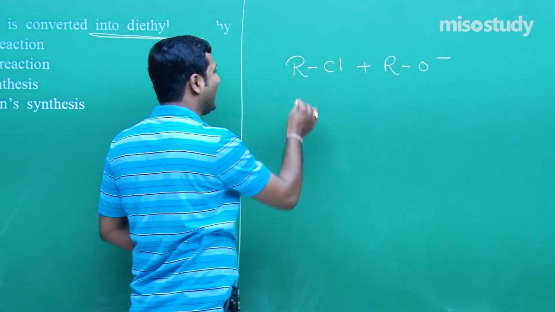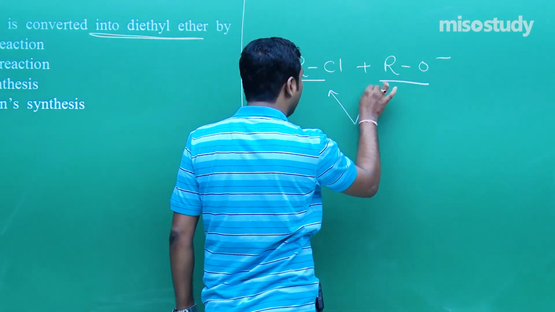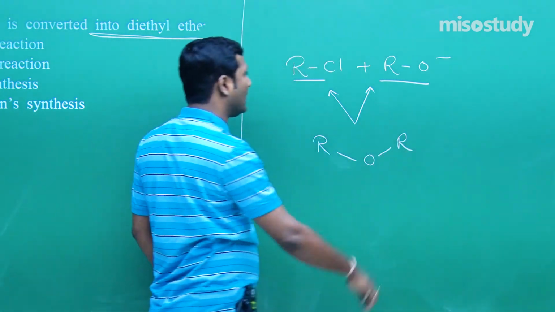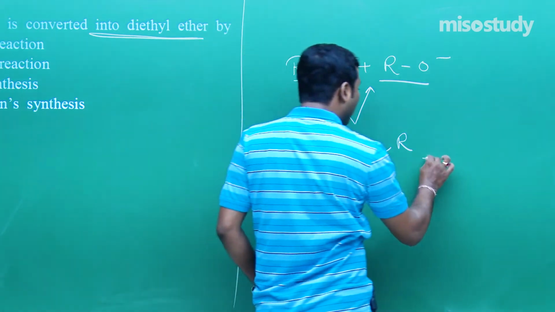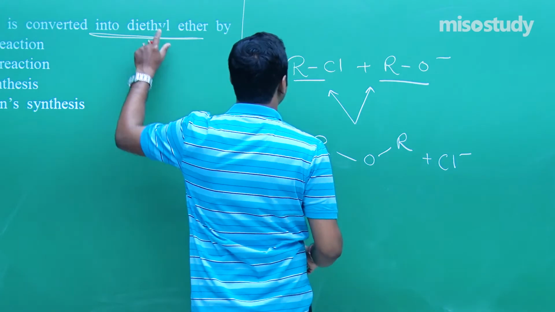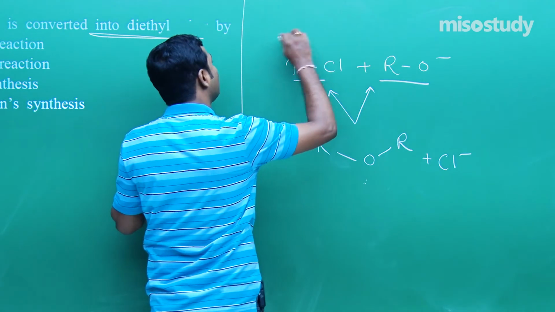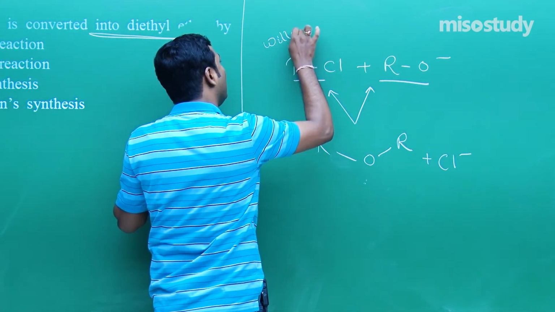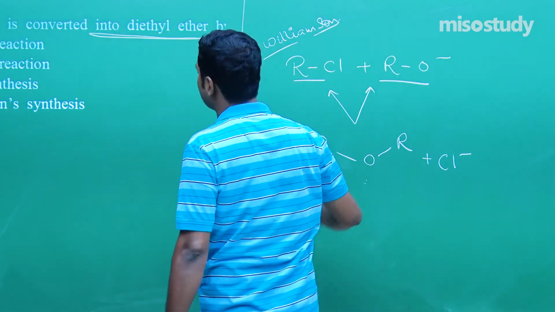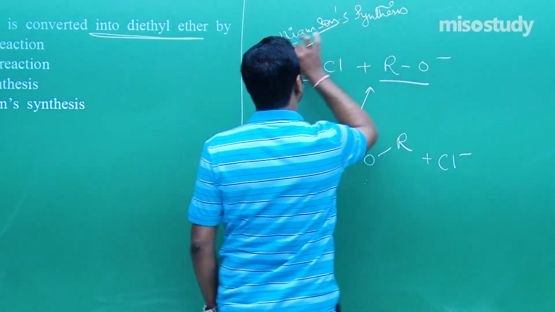That is, when alkyl chloride combines with the alkoxide, it forms ROR. So in this case, ethyl chloride is converted into diethyl ether, and the process is known as Williamson synthesis. Clear to you? This is the reaction.